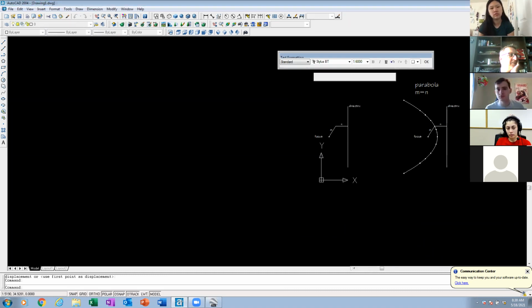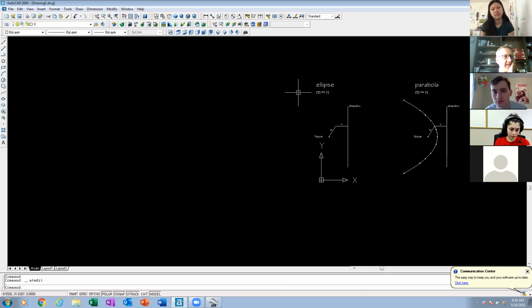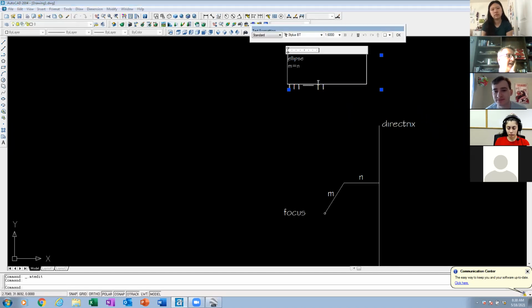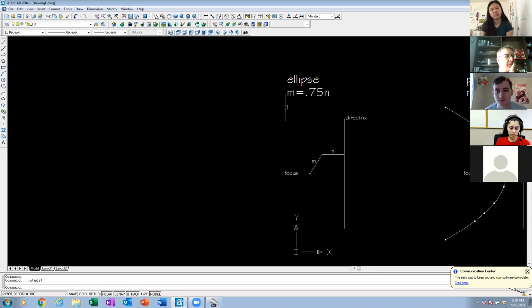I'm going to take this same exact setup, except this time, instead of letting m equal n, let's let m equal 0.75 n, or 3/4 of n. I've already spoiled it, but you might say, what would that do? What if I don't make those lengths equal? You might think, oh, it's still going to be a parabola, but it doesn't.